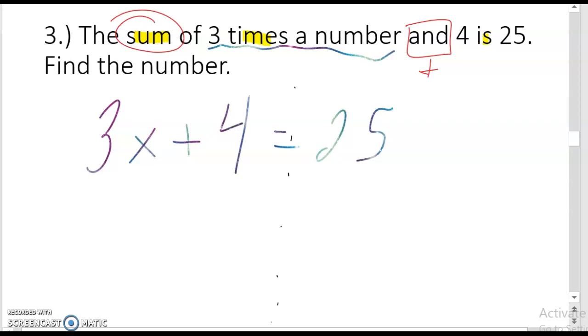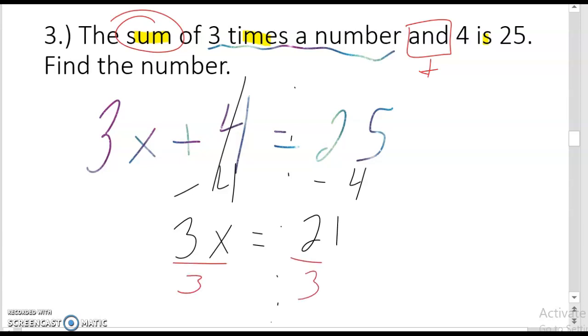The key here is being able to set up the mathematical piece correctly, and then we just solve. First I'm going to subtract 4 to isolate the variable component, and 25 minus 4 is 21. Now I can divide both sides by 3 to isolate the variable x, and x equals 7. So 3 times 7 is 21. Add that to 4, and you do indeed get 25.